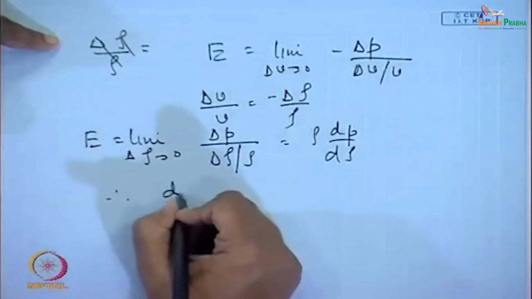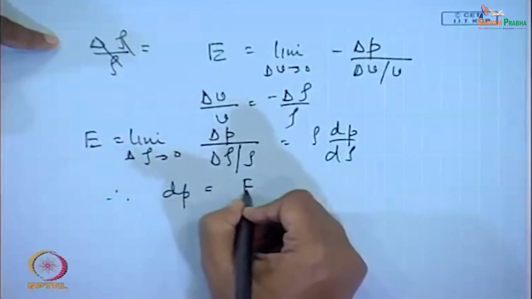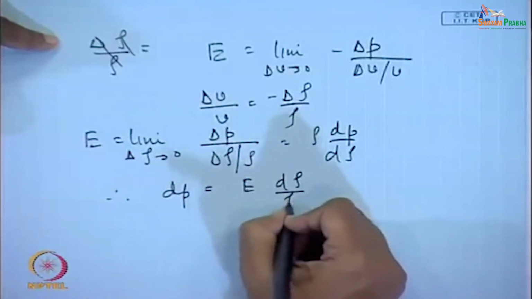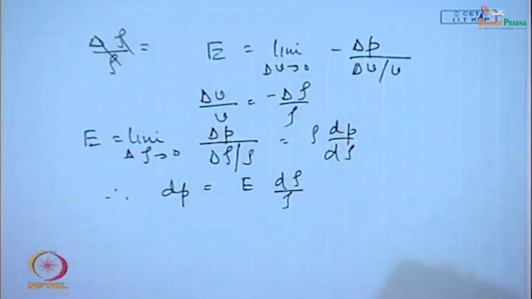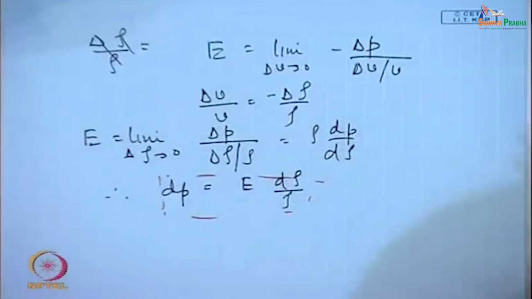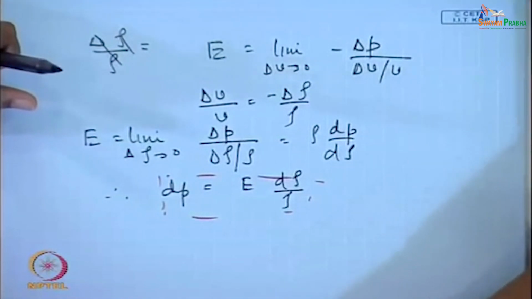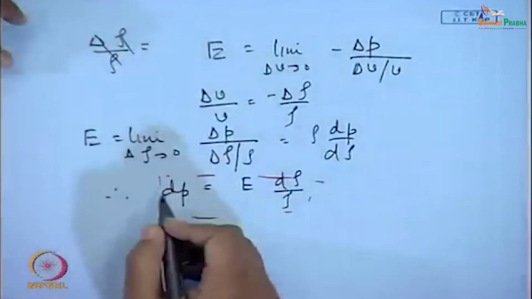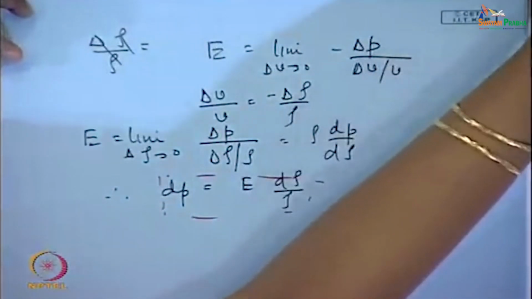So, therefore, we can write dP is nothing but equal to E d rho by rho. Can we write it down from the basic definition of the bulk modulus of elasticity? We can very well write down this particular equation, agreed.